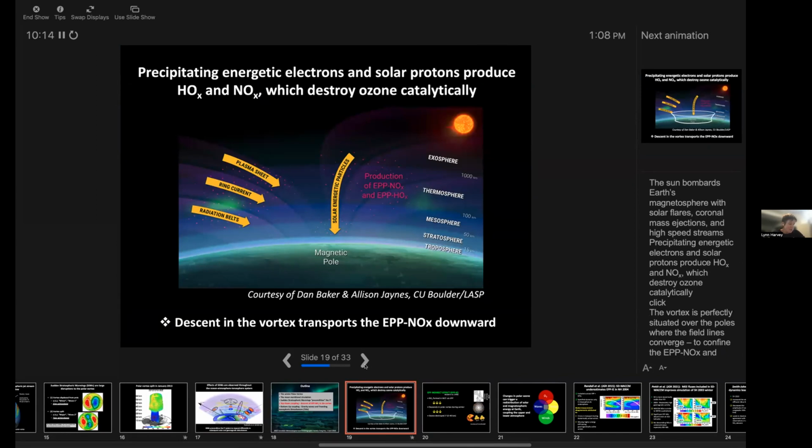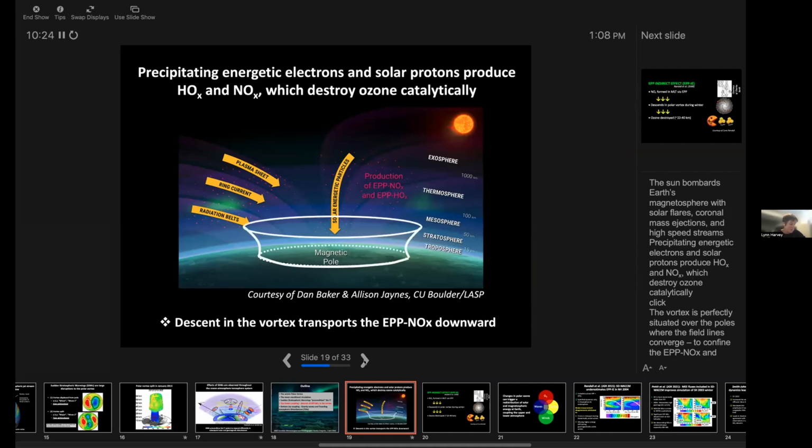Precipitating energetic electrons and solar protons produce hydrogen oxides and nitrogen oxides, which destroy ozone catalytically. The vortex is perfectly situated over the poles where the magnetic field lines converge, and acts to confine the EPP NOx and HOx to high latitudes. Since the HOx is very short-lived, I'm going to hereafter focus on the NOx.